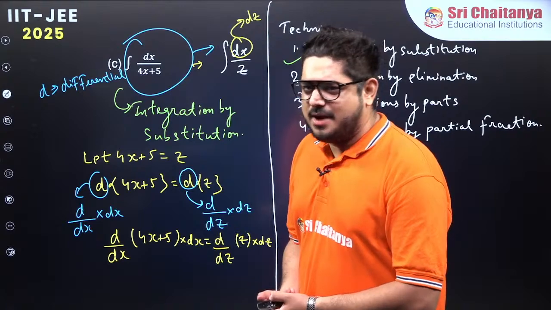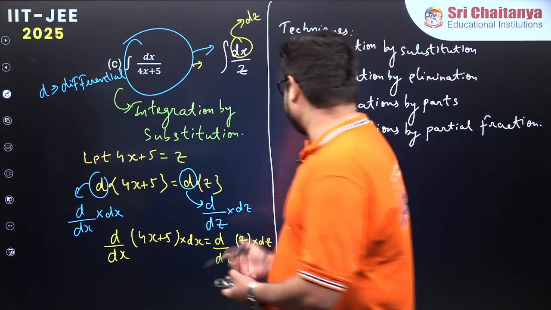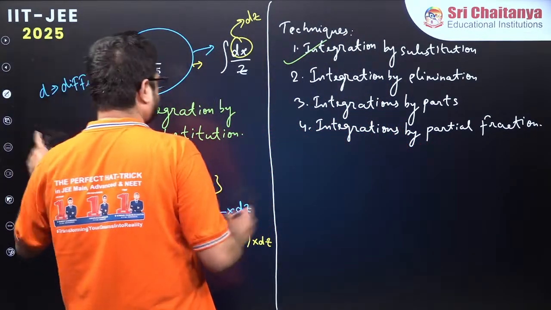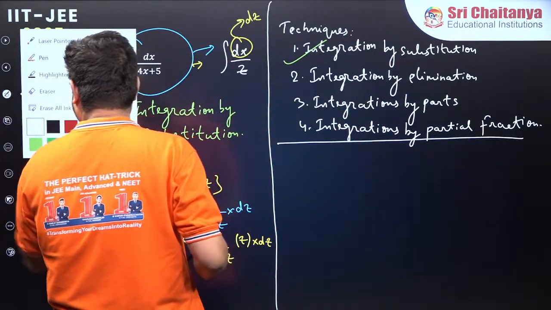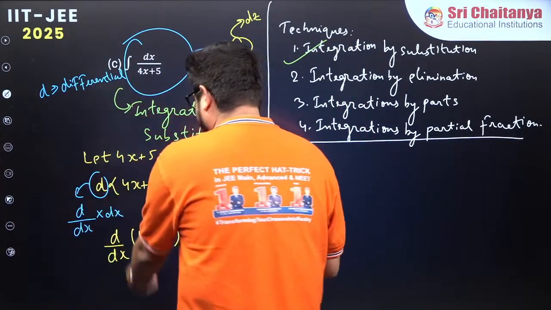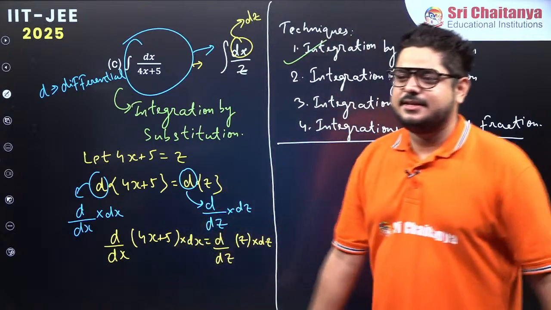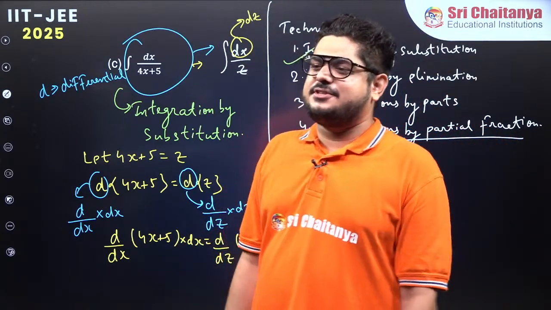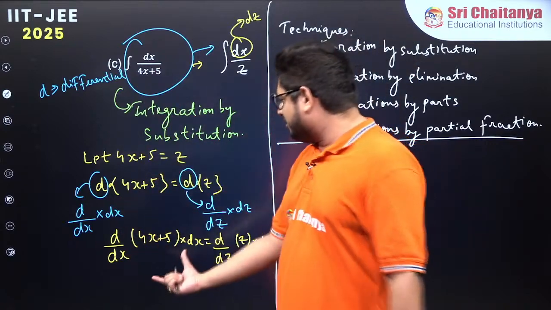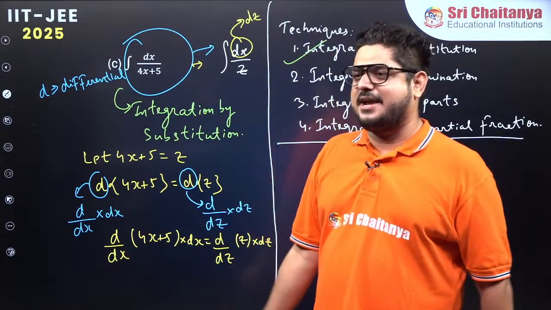So now as a result of that, I will be writing it down. Pay attention, everyone. What is d by dx of 4x plus 5? Everyone who knows differentiation can write down the answer to this. What is d by dx of 4x plus 5?